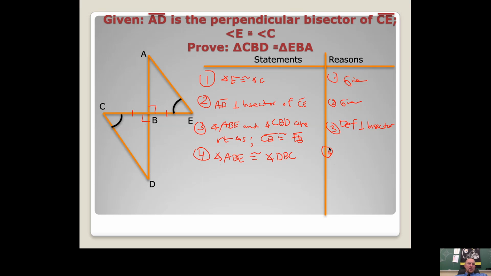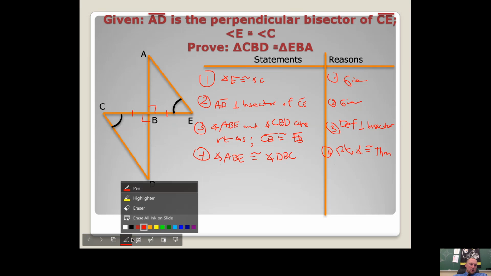How do you know two right angles are congruent? That's your right angle congruence theorem. That's theorem 2.3, if you don't remember.